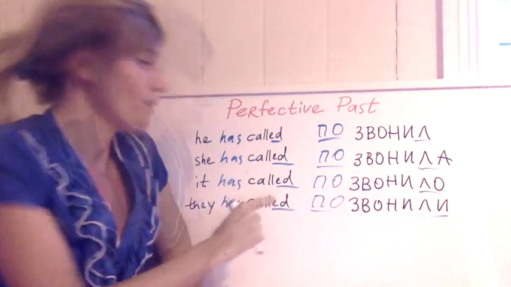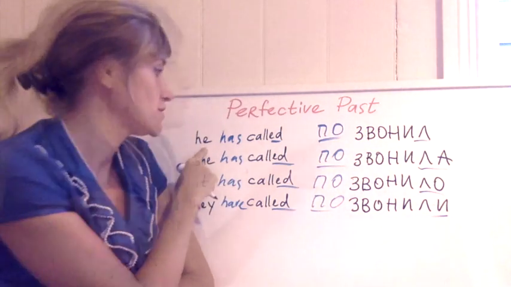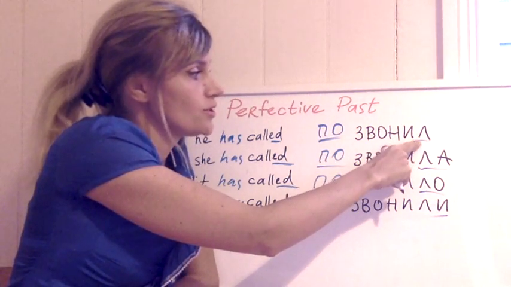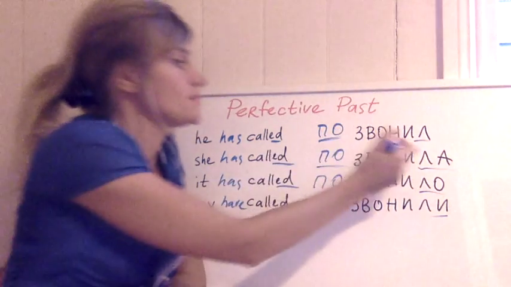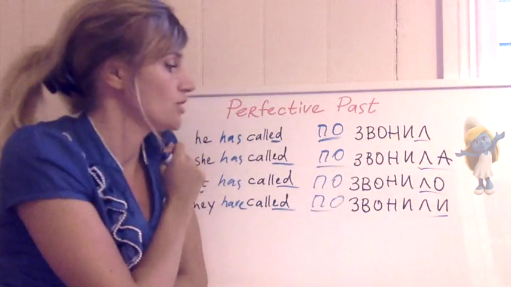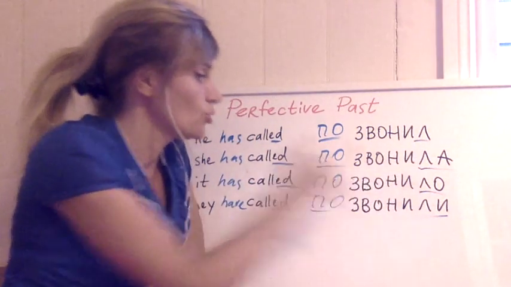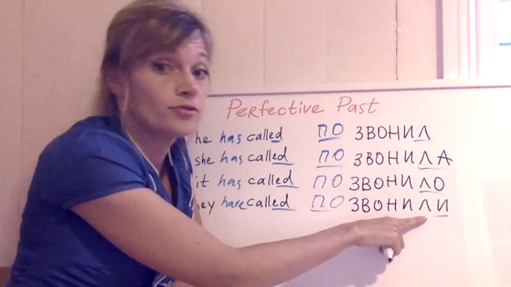Позвонили, they have called. Mind you, you don't necessarily need to use pronouns. Позвонил, you already know that it's a guy, a girl, it, they.